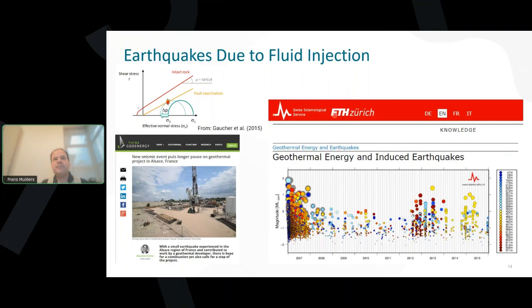This is some data by ETH Zurich, the university. So induced seismicity related to geothermal is actually a common thing. It's just a question, you don't want to have it too large, to the point that you actually notice it at surface or it causes trouble at surface.